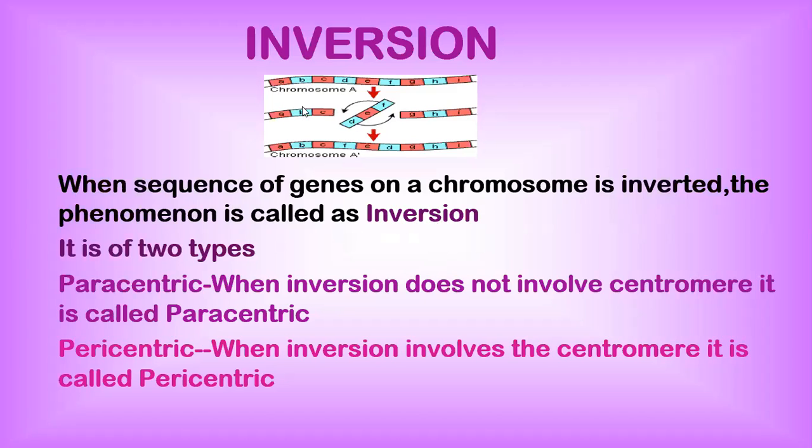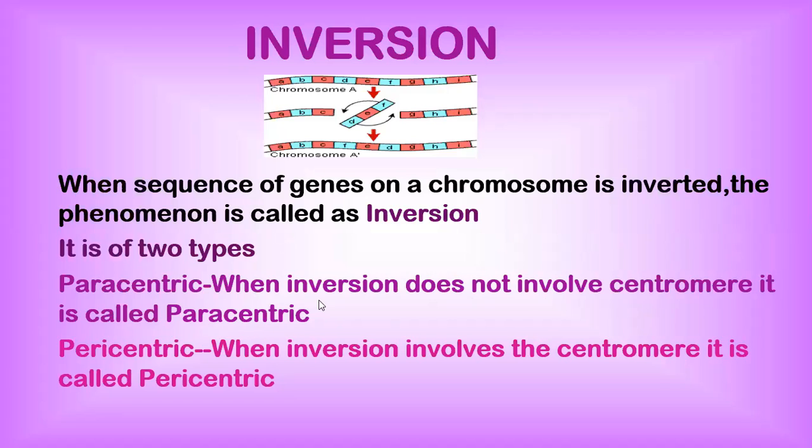In this picture, you cannot see the centromere. Inversion is of two types. Number one, paracentric inversion. When inversion does not involve the centromere, it is called paracentric.